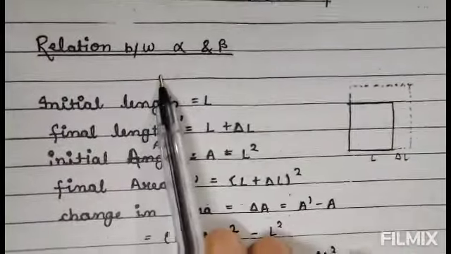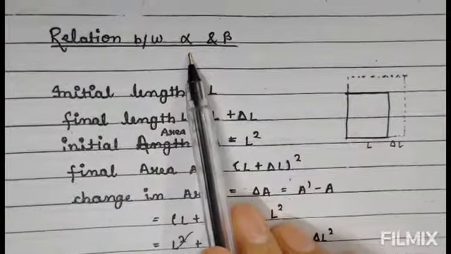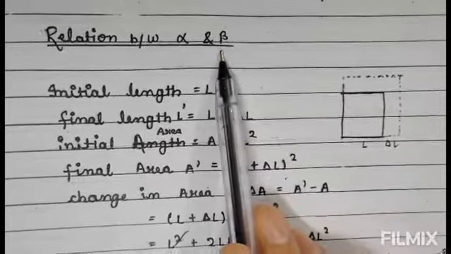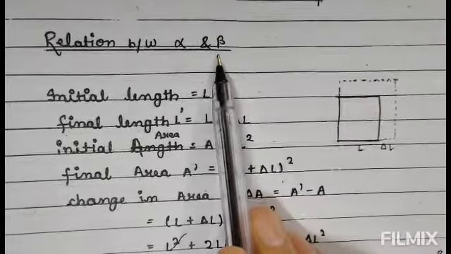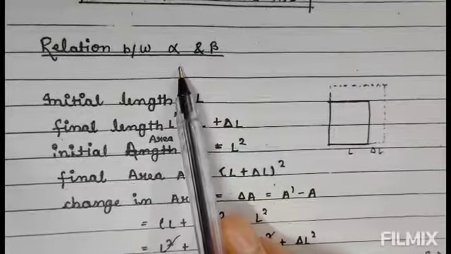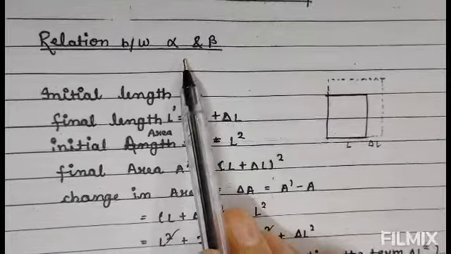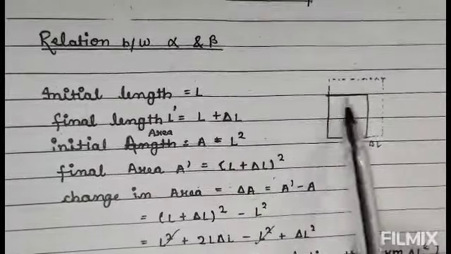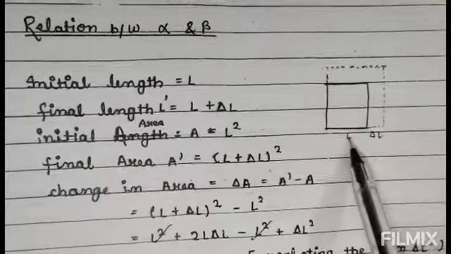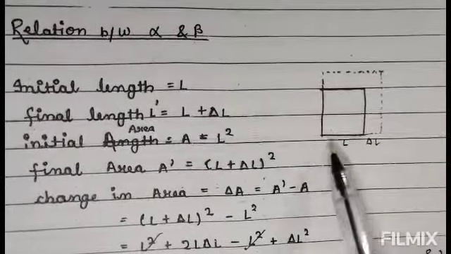Relation between alpha and beta. Alpha is the coefficient of linear expansion and beta is the coefficient of areal expansion. So we will find the relation between the coefficient of linear expansion and the coefficient of areal expansion. For this we have taken a sheet of length L and width L, that means it is a square sheet.